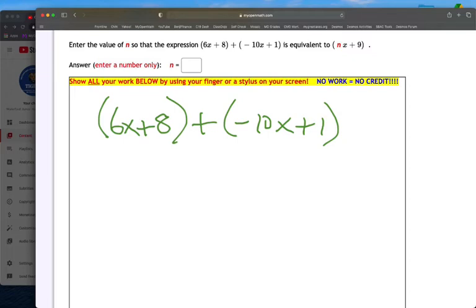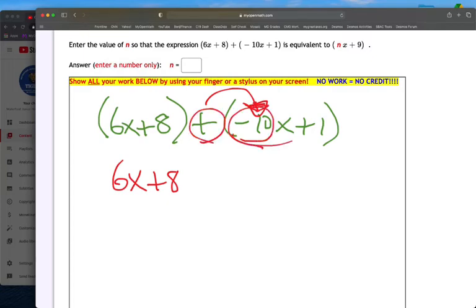From there, anytime we're adding one expression to another and we've got parentheses within the problem like we do here, we could just pretend like the parentheses are not there. And the reason is because typically to get rid of parentheses, we are distributing what's on the outside by everything that's on the inside.